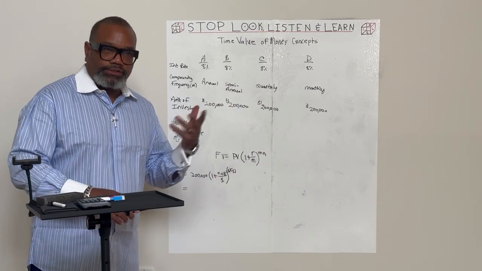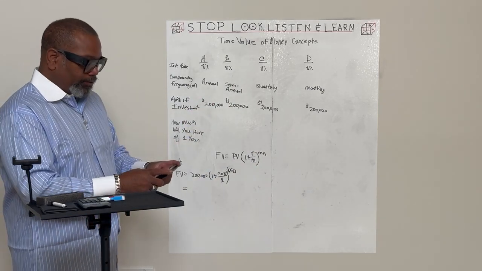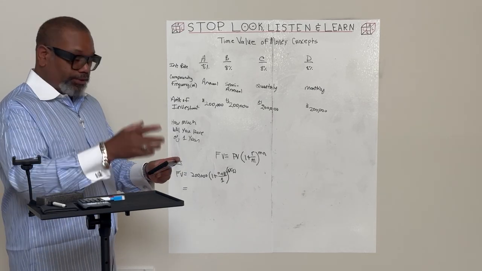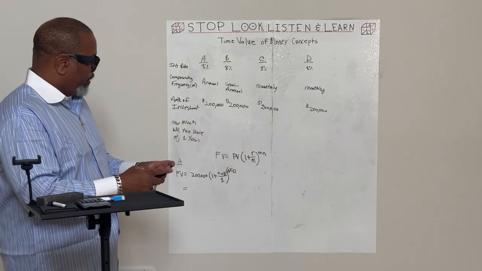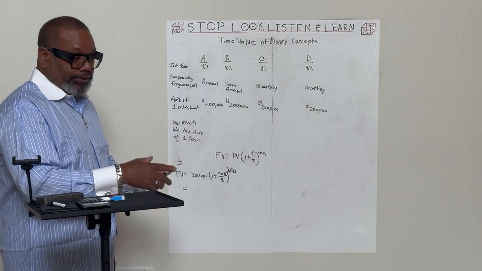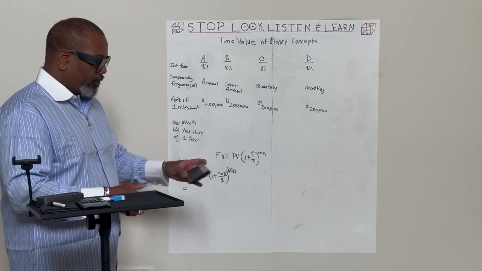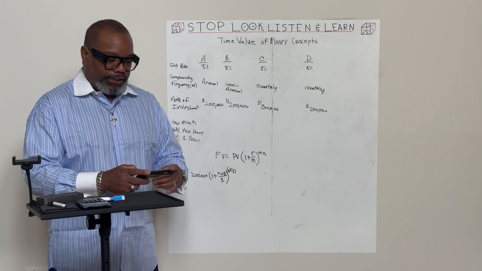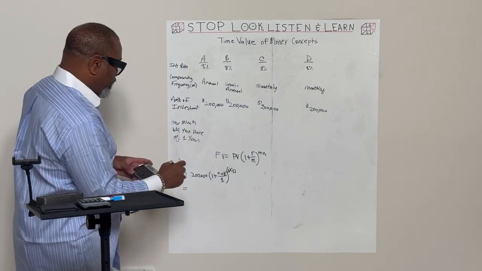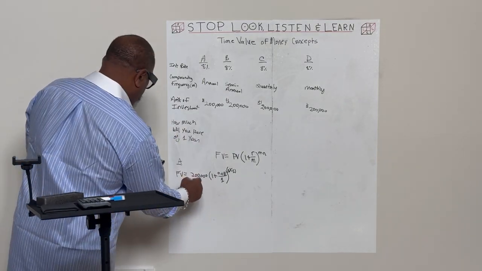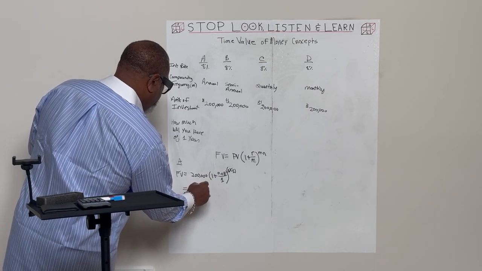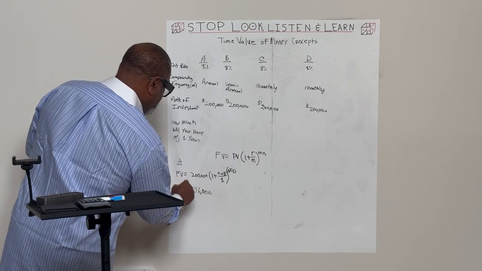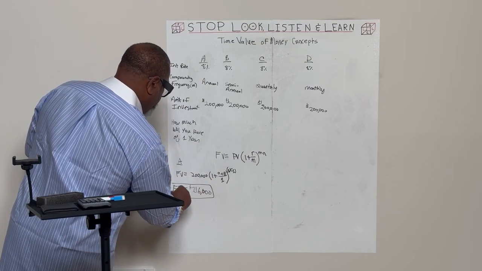So we're going to start off with 0.08 divided by 1, which is 0.08, and then we're going to add 1 to it, and then we're going to raise it to the first power, so we get 1.08, and then we're going to multiply that times the amount that we invest. And so what we see is that at the end of 1 year, if we go with bank A, we'll end up with $216,000. That would be our future value if we go with bank A.